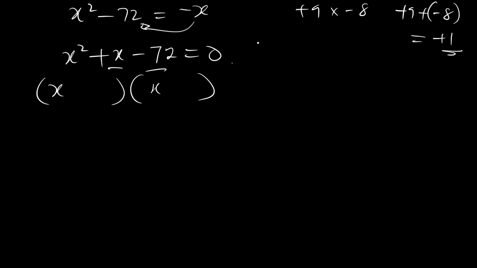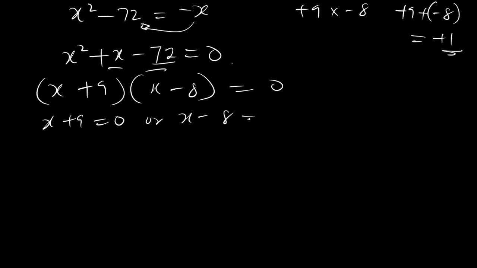So that means this is a factor of minus 72 that can be used to factorize this expression. So now you can say x plus 9 is equal to 0, or x minus 8 is equal to 0. So if you move the plus 9 to the other side, you have x is equal to minus 9, or if you move the minus 8 to the other side, x is equal to 8. So x is equal to minus 9, or x is equal to 8.